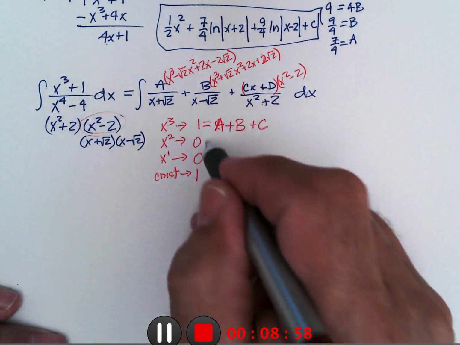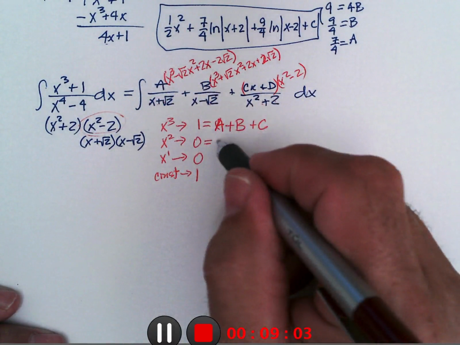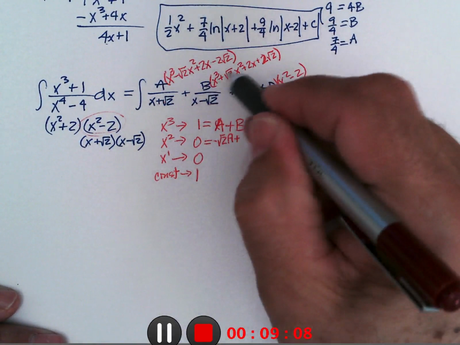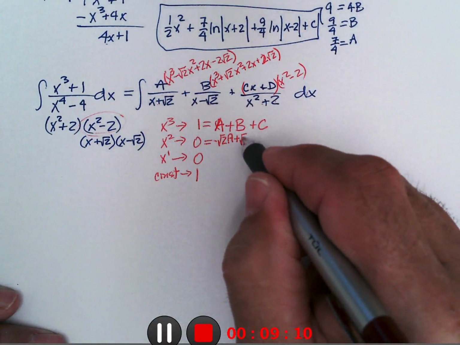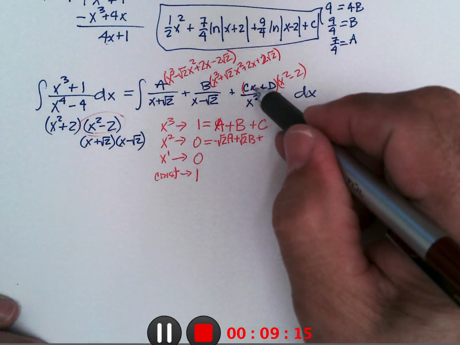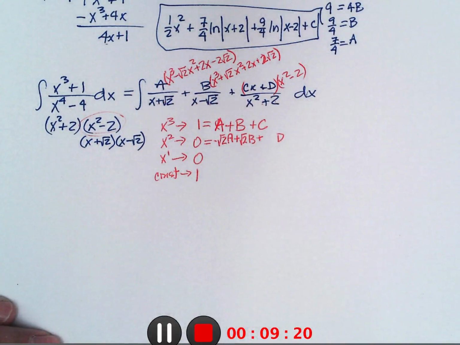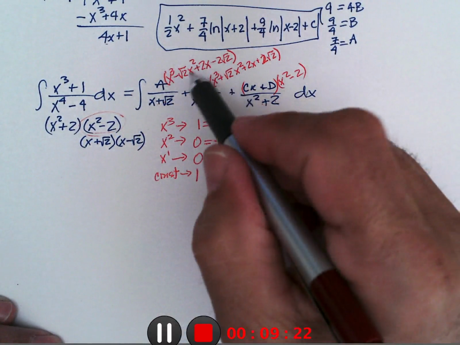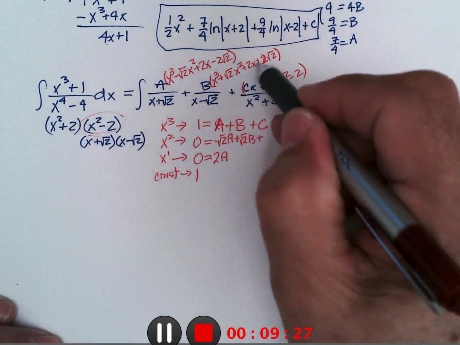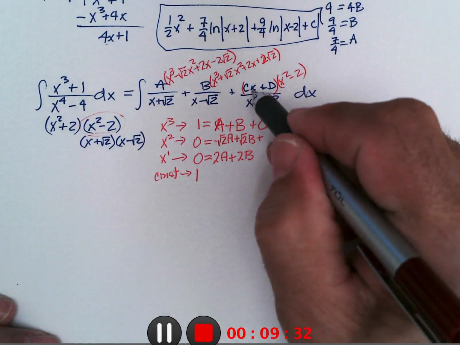X to the seconds, we have minus square root of 2a plus square root of 2b plus x squared, so let's see, dx squared. X's, we have 2a plus 2b and x's minus 2c.